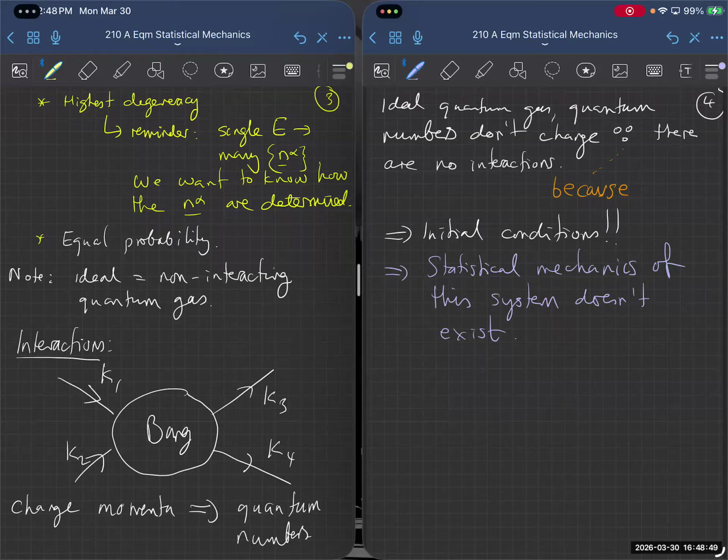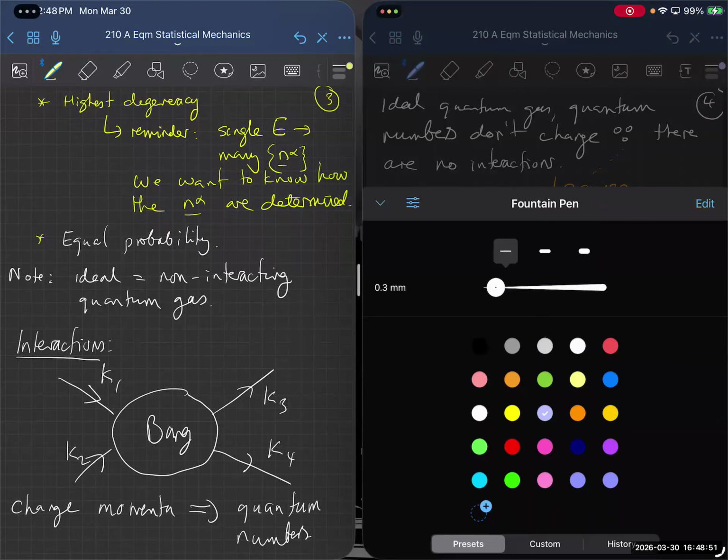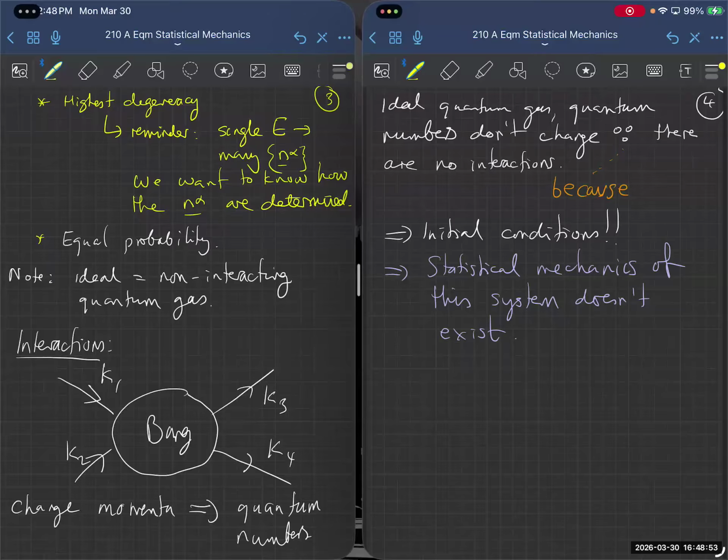So when we talk about ideal systems in statistical mechanics, what we really mean is that we take the Hamiltonian to be the Hamiltonian of the ideal system, just the non-interacting quantum gas, which you can solve by quantum mechanics.